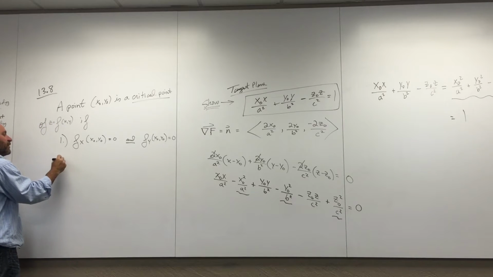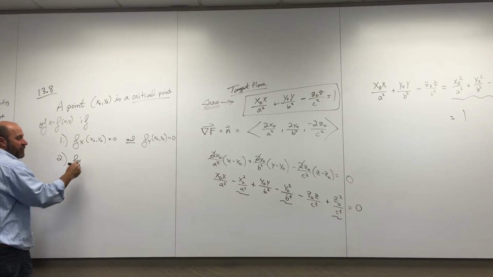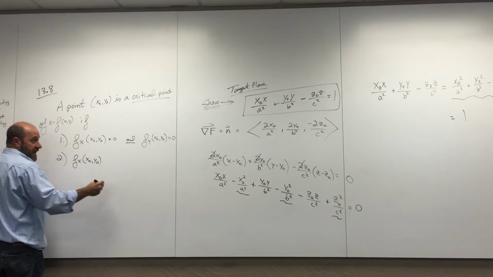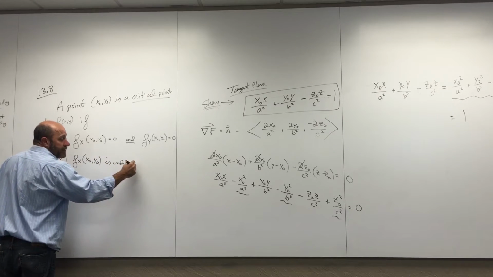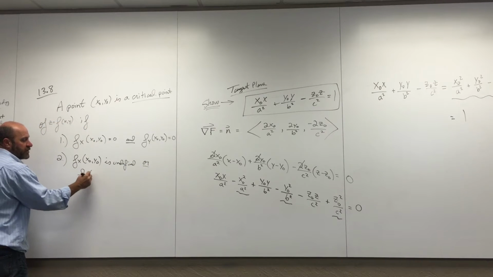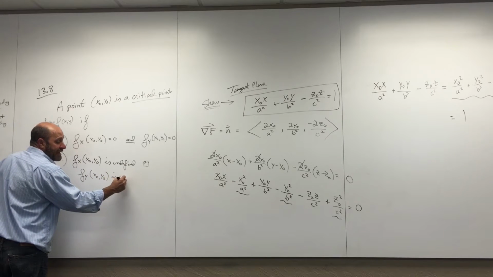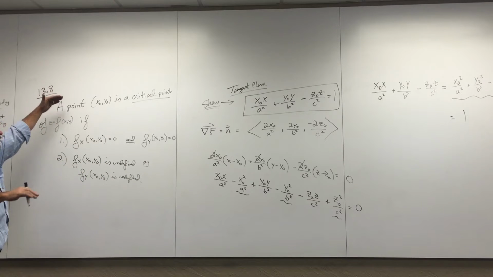Number 2, and this one doesn't happen as often with us, is when the partial derivative with respect to x is undefined, or, now the word "or" comes into play, the partial derivative with respect to y is undefined. Anytime these things are undefined, that could be a critical number. Of course, it's got to be defined in the original function.